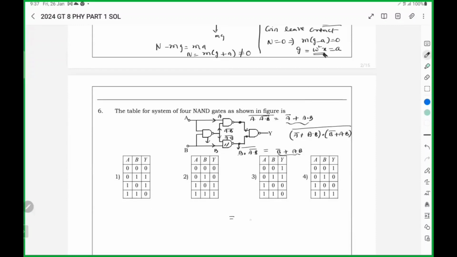So finally, that is A bar plus AB bar, plus B bar plus AB whole bar. Is a negation dot. We will have here A dot B bar plus B. Here it is A dot B bar.